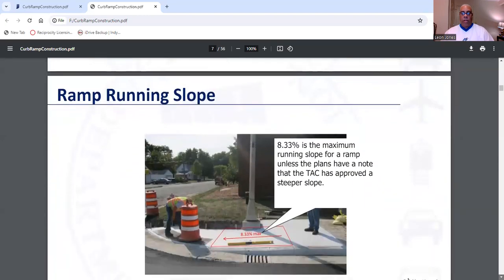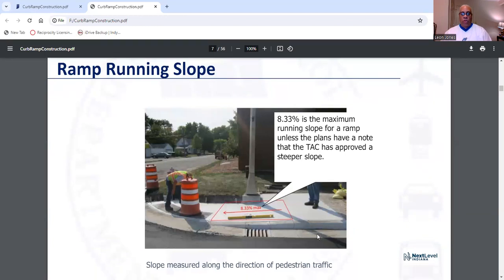Now your ramp running slope, and this is what we're talking about when I told you about the 8.33. This is the running slope right here. Now 8.33 is the maximum running slope for a ramp unless the plans have a note that the technical advisory committee has approved a steeper slope.